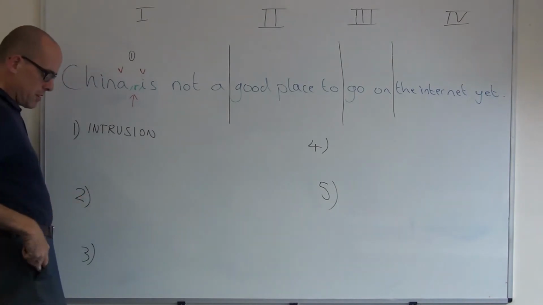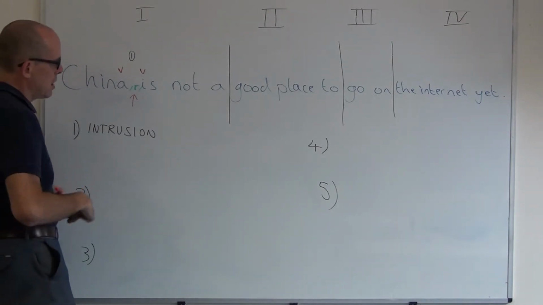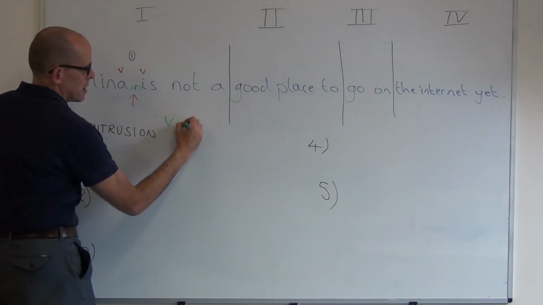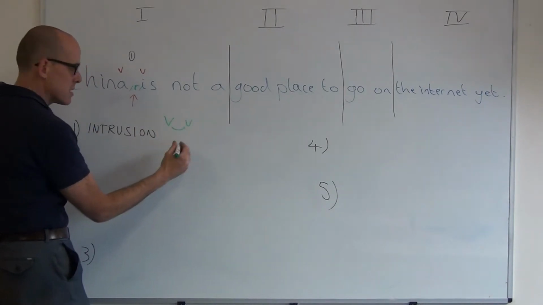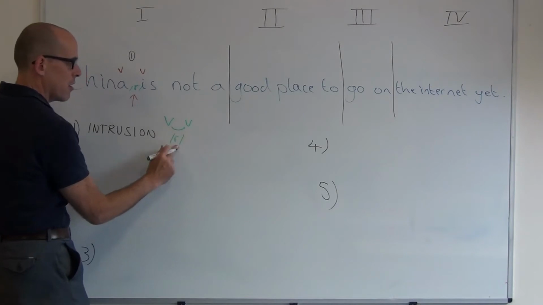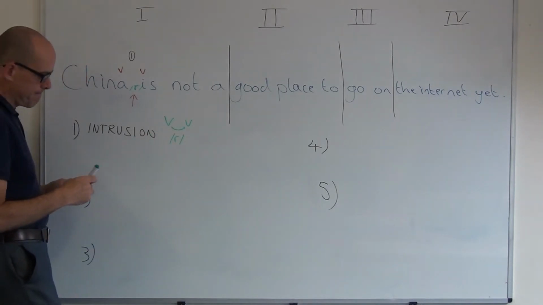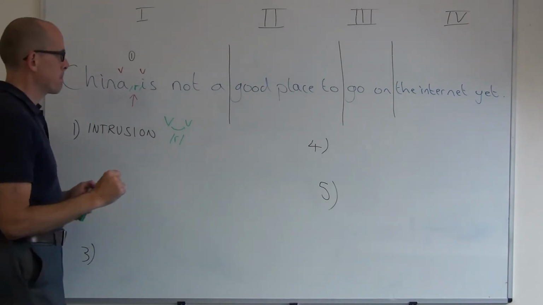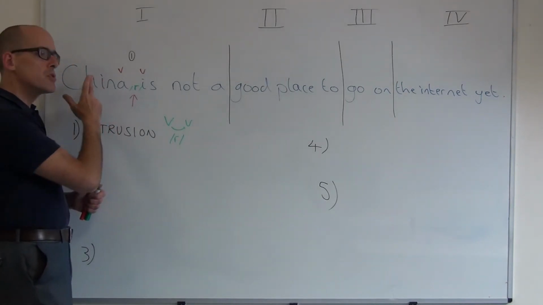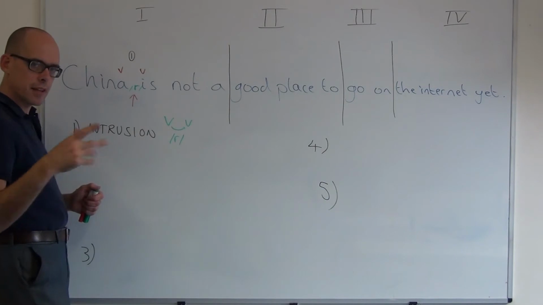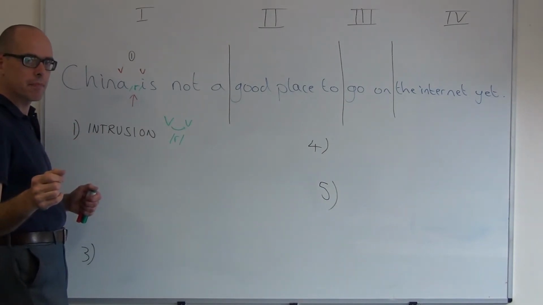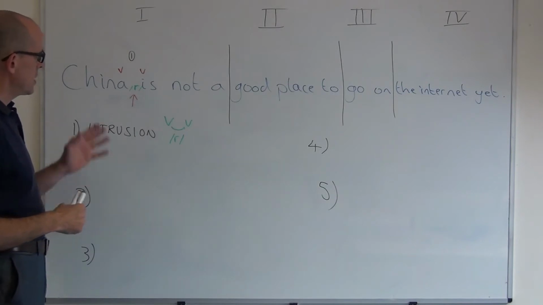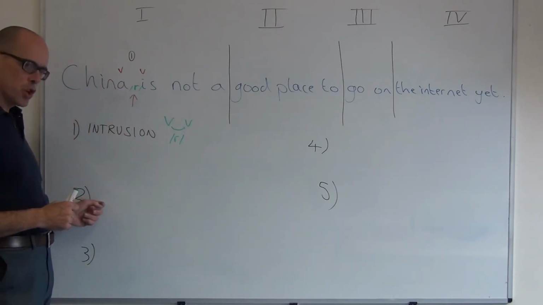And intrusion is when there are two vowels and we add another sound like R to connect them. Listen and repeat. Are you ready? China-riz. Now you try. Okay. That's number one.